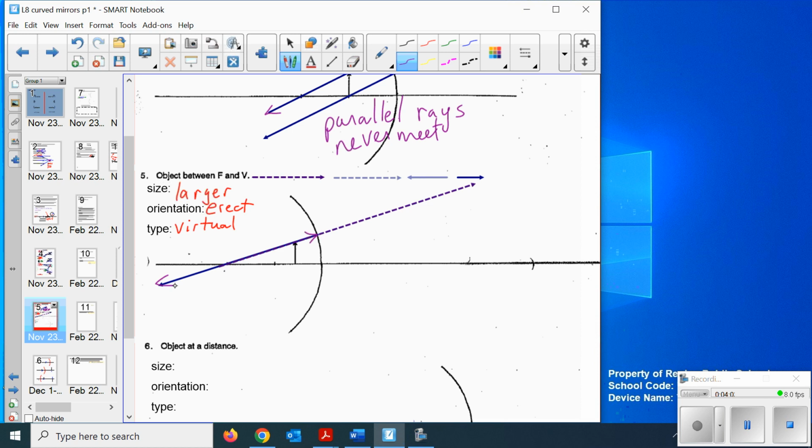Then we choose another rule. I tend to like the first rule, the one that says rays that go parallel to the principal axis hit the mirror and then go through the focal point. I'm going to use a dotted line to line up the next one.